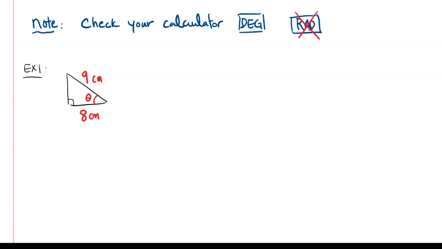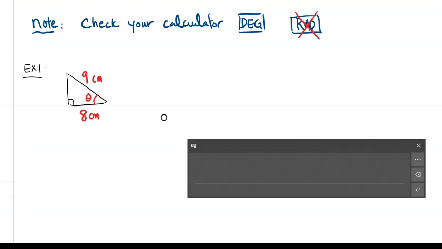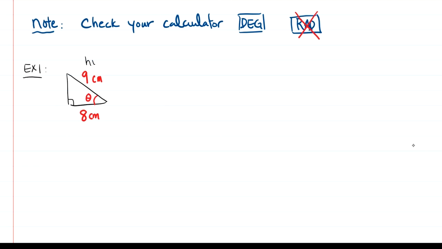Before going into the ratio formulas, we're going to label the given sides. Like I said, the 9 centimeters is the hypotenuse, which I'm going to call HYP. The 8 centimeters is the side that contains the right angle and theta, so that's the adjacent.